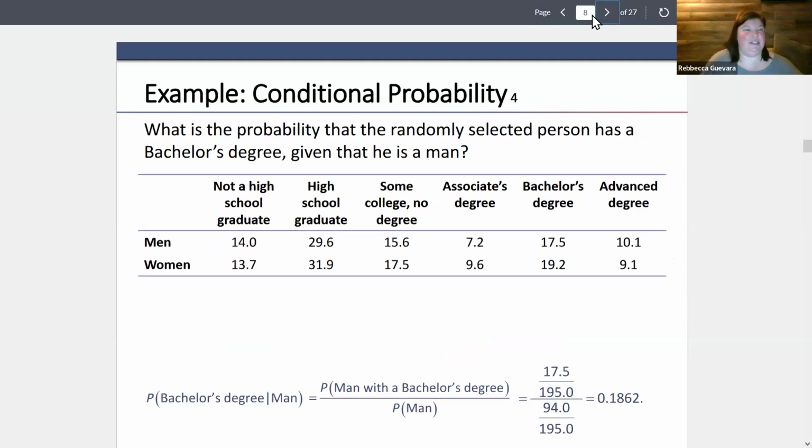So I'm going to do some adjusting here. In this case, we want to figure out the probability that a randomly selected person has a bachelor's degree given that he is a man.